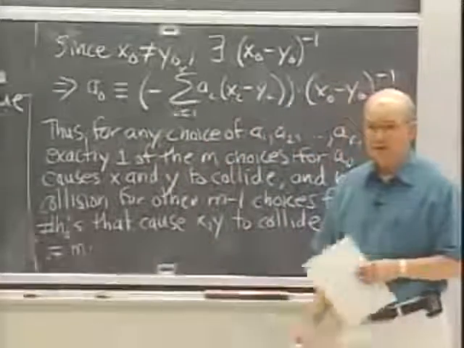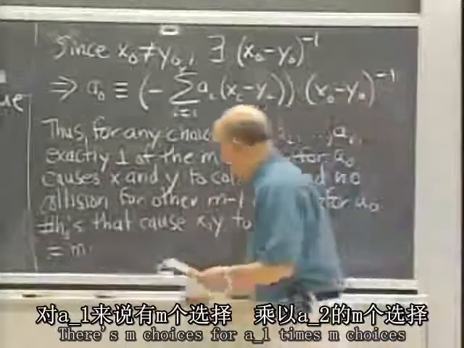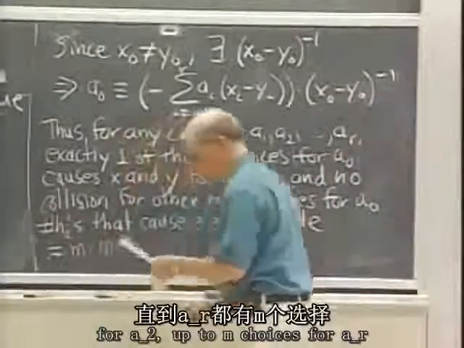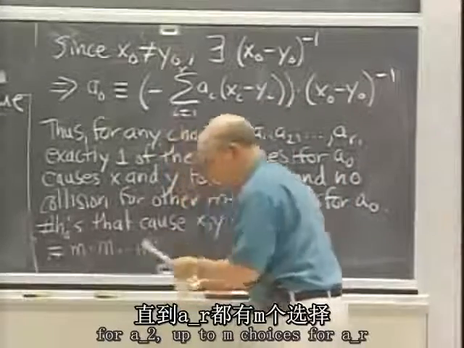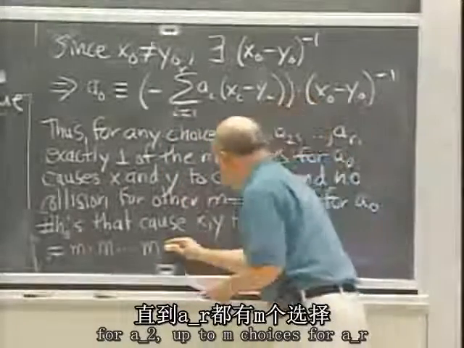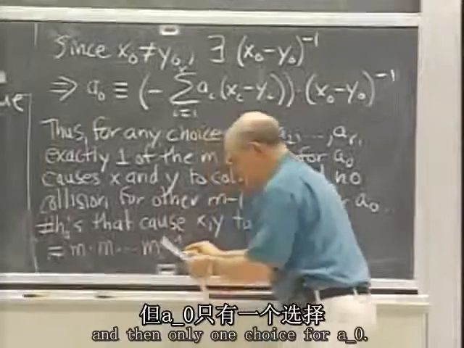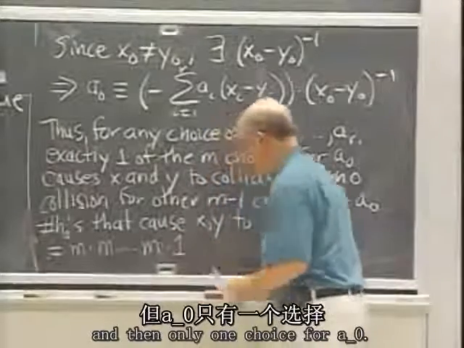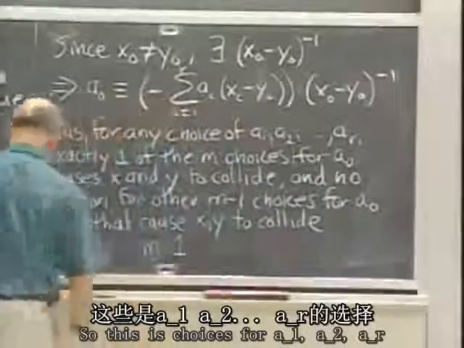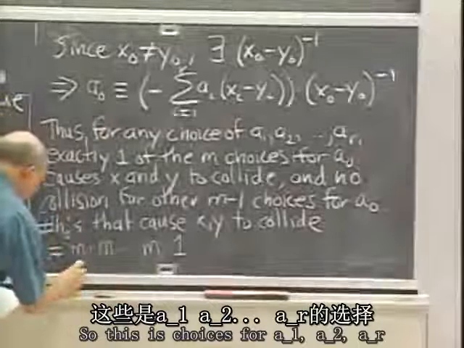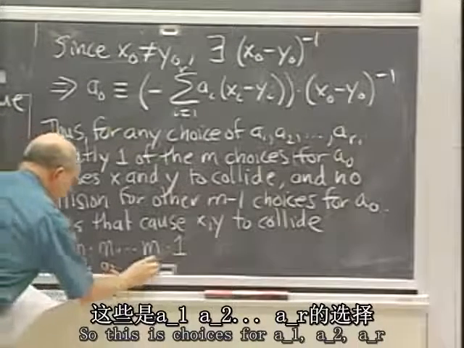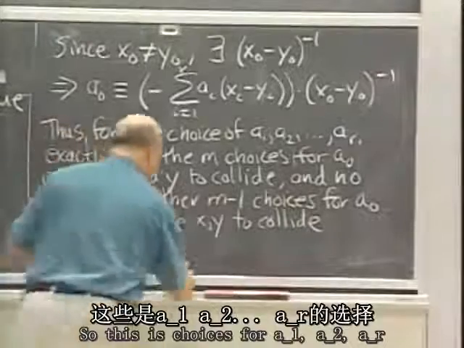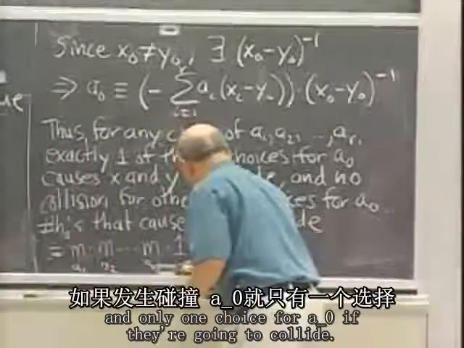There's m choices for a1 times m choices for a2, up to m choices for ar, and then only one choice for a0.